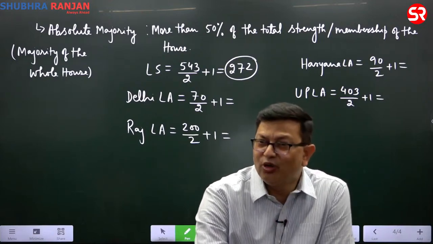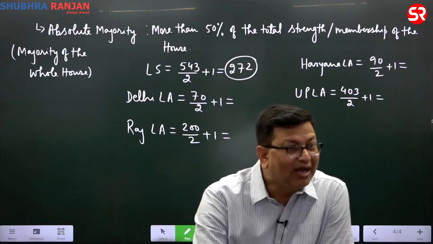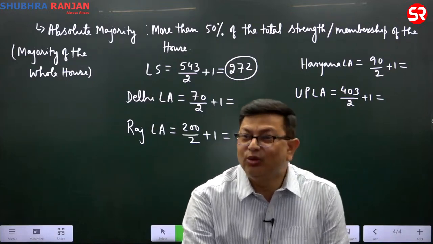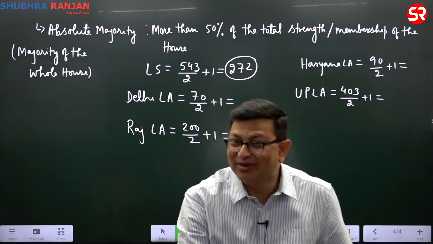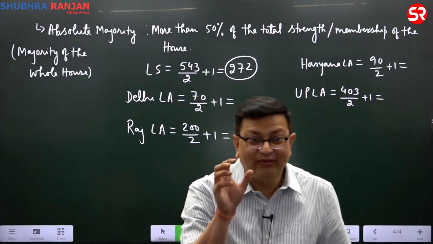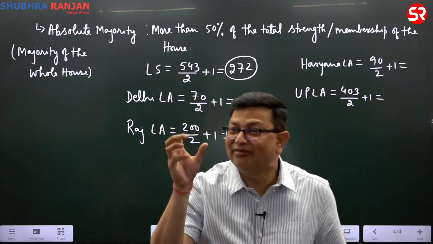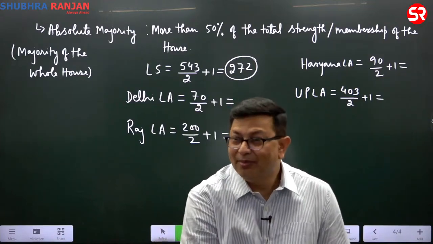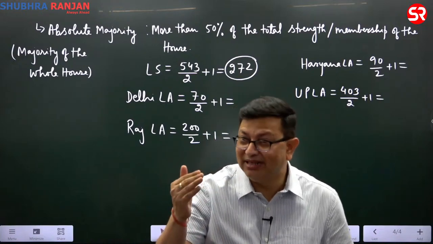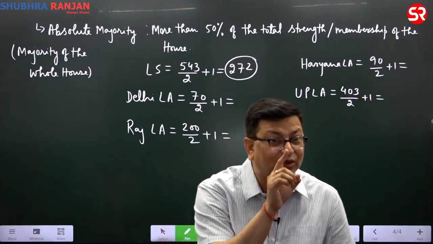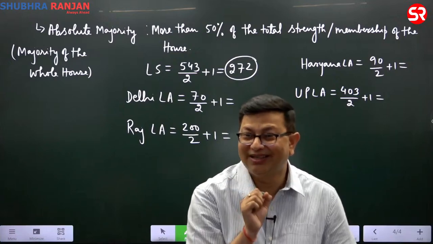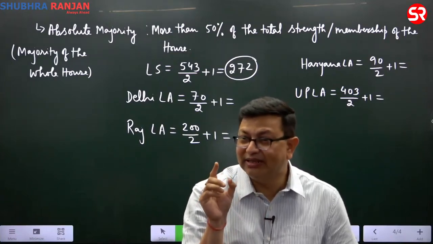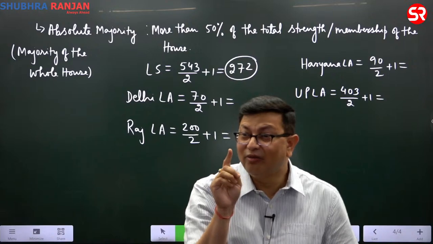Now we are having the Lok Sabha elections. Why we are saying 272 seats in the Lok Sabha? People are saying it is a magic figure. What is this 272? Means it is more than 50% of the total strength of the Lok Sabha. The Lok Sabha's total strength is 543.